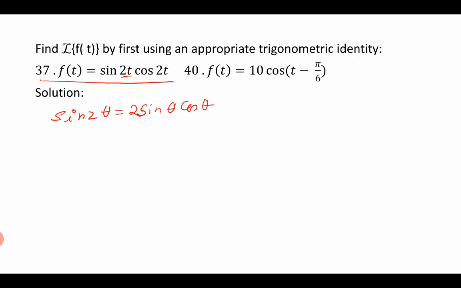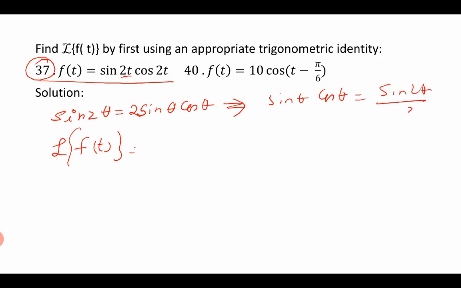So using this one, we can write the Laplace of f of t, problem number 37, as: sine theta cosine theta is equal to sine 2 theta over 2. Take theta equal to 2t.